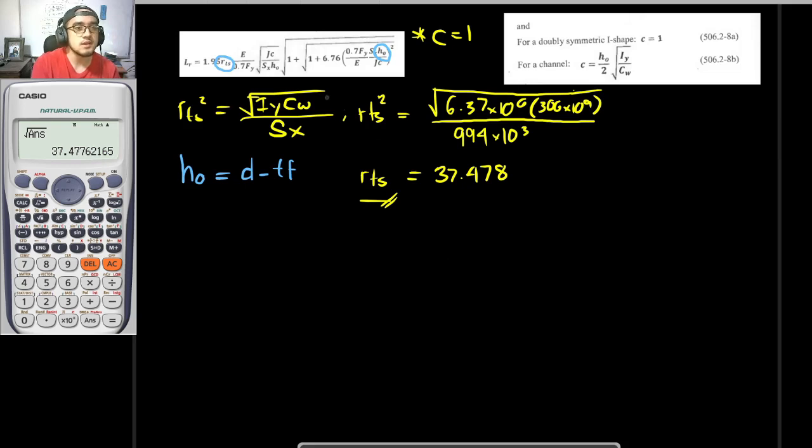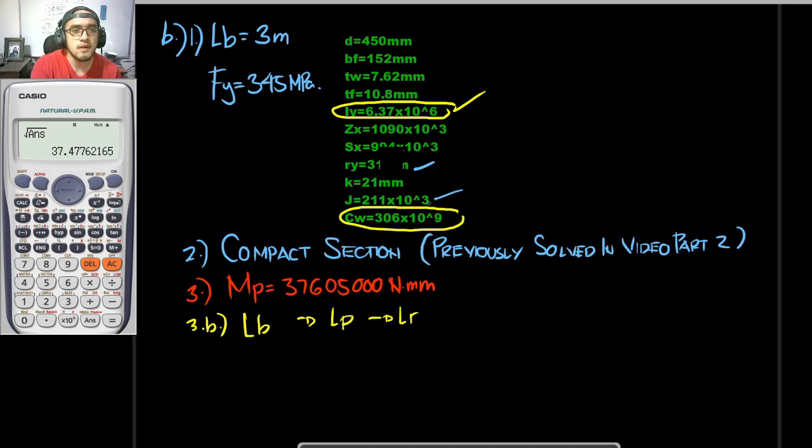Okay, so what else? Let's get the value of ho. Our ho would be d minus tf, where d is 450 millimeters and tf is the thickness of the flange, which is 10.8.